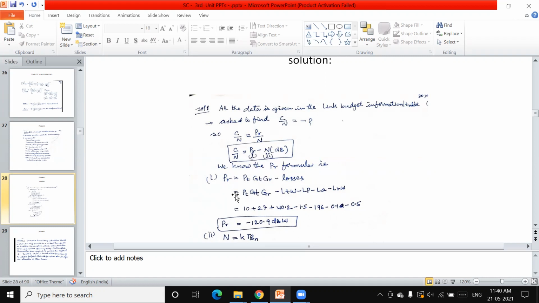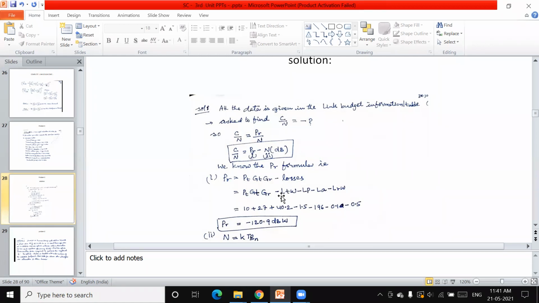So now PR is PT GT GR minus losses. PT has been given as 10. In the problem, in the table, you can check it. GT is given as 27. GR is given as 40.2. Since they are in dB, all these have to be added: PT plus GT plus GR, minus the total losses.